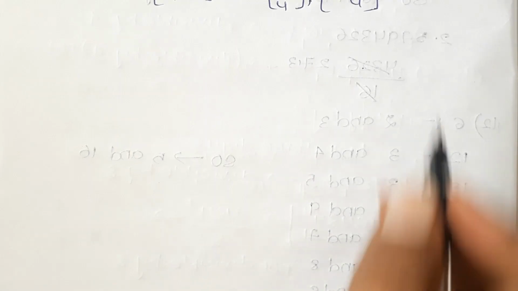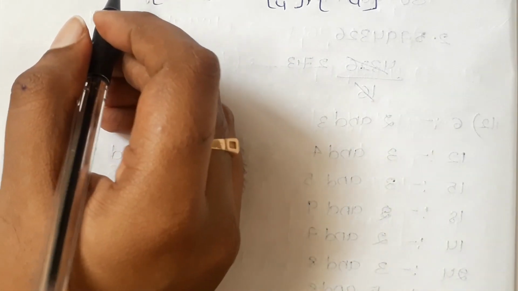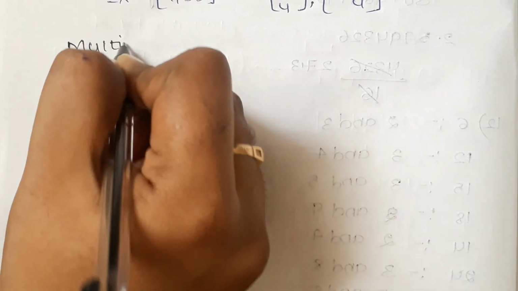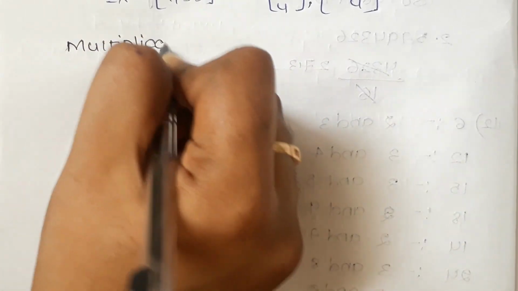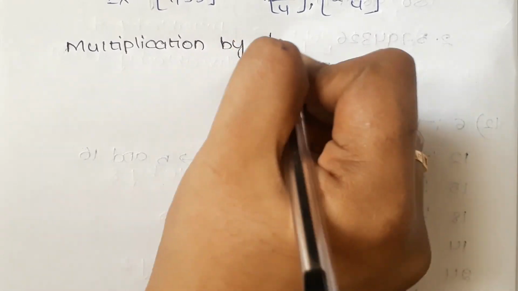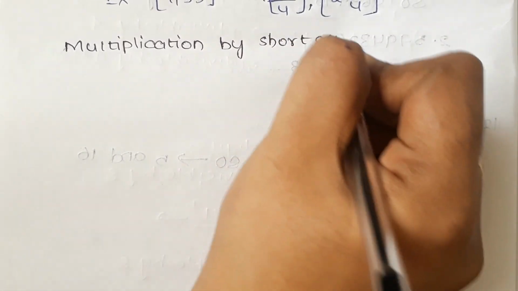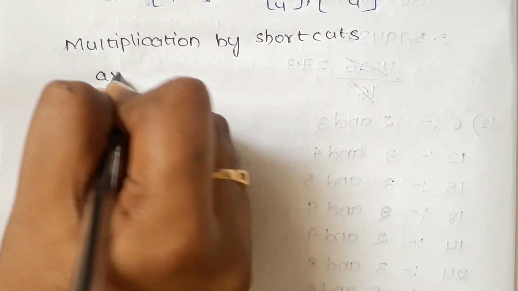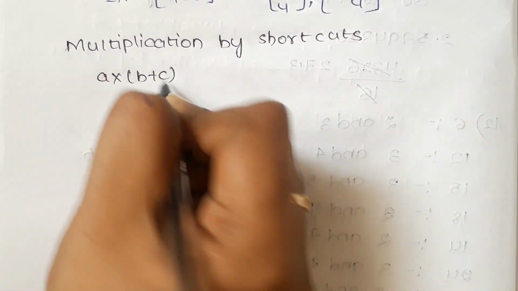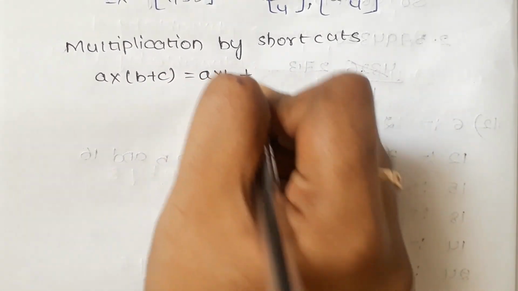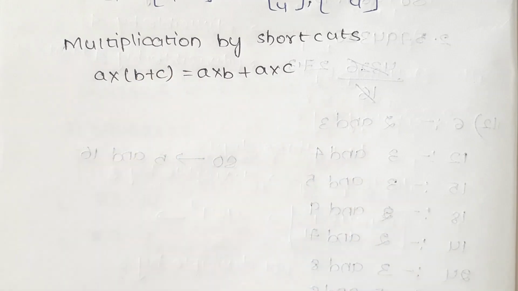And now let us see some multiplications by shortcut methods. That is, multiplication by shortcuts. Here, a into b plus c is nothing but a into b plus a into c.